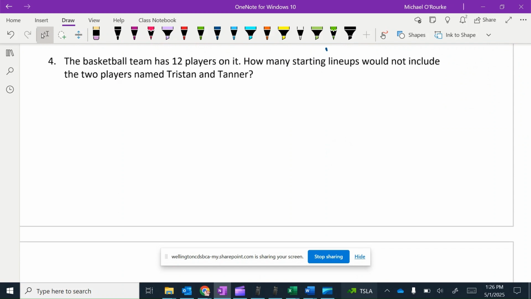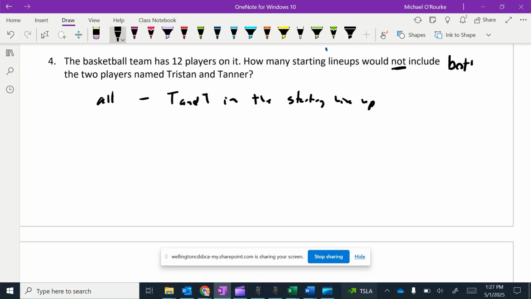So a basketball team has 12 players on it. How many starting lineups would not include the 2 players named Tristan and Tanner? So in order to do this one, all minus, for not, I'm going to include it. The opposite of not including Tristan and Tanner is putting Tristan and Tanner in the starting lineup, and put both in there.